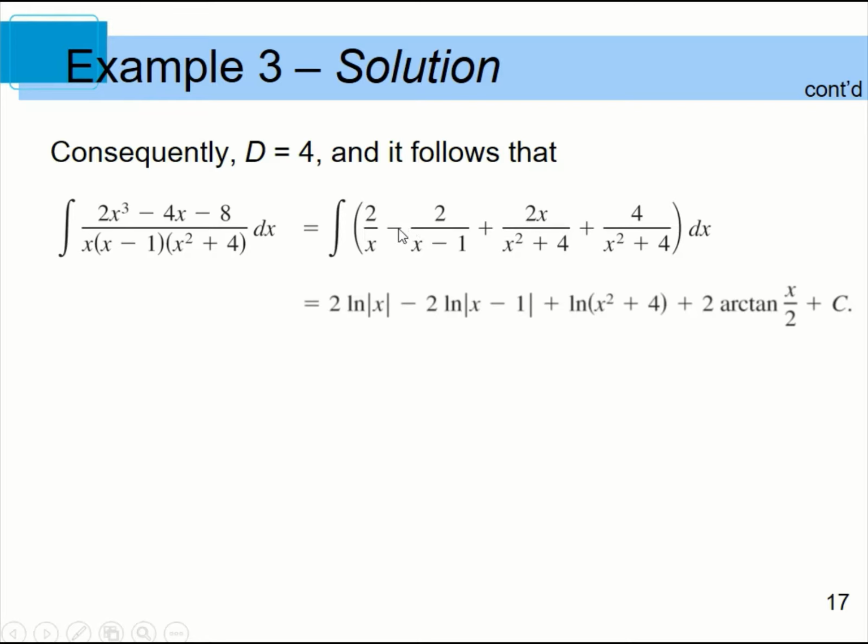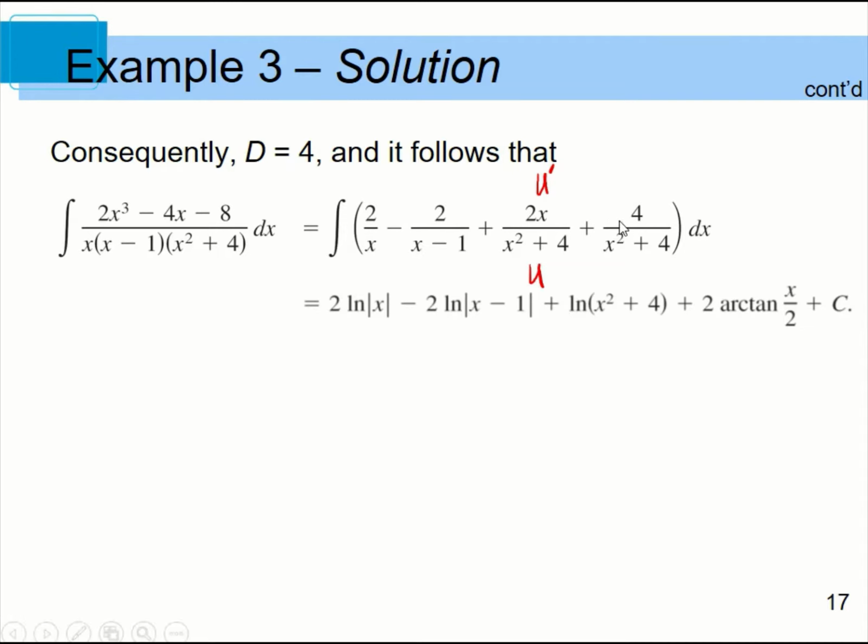And minus integrate 2 over x minus 1 will give us 2 ln x minus 1. And integrate this one, of course, we will get ln x squared plus 4. Take note that if we let this be u, this one will be u prime, so we differentiate u and we get this.